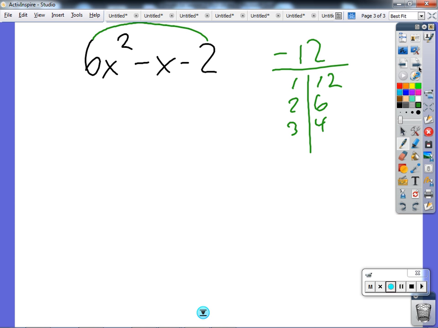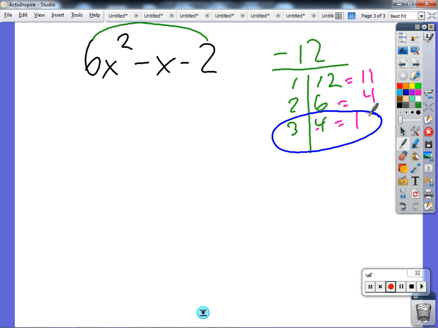So I go ahead and I subtract. 12 minus 1 is 11. 6 minus 2 is 4. 4 minus 3 is 1. Ladies and gentlemen, that tells me I am going to use these guys right here. The reason being is they add to be negative 1. Okay?